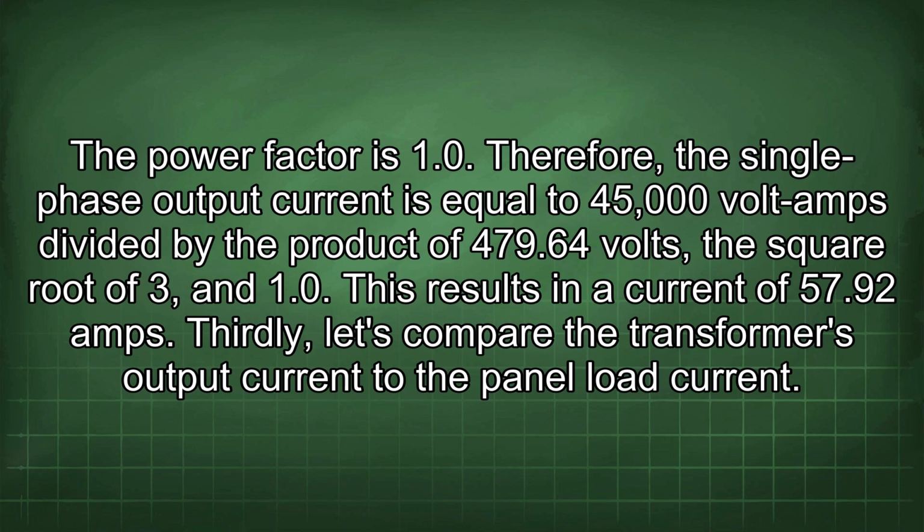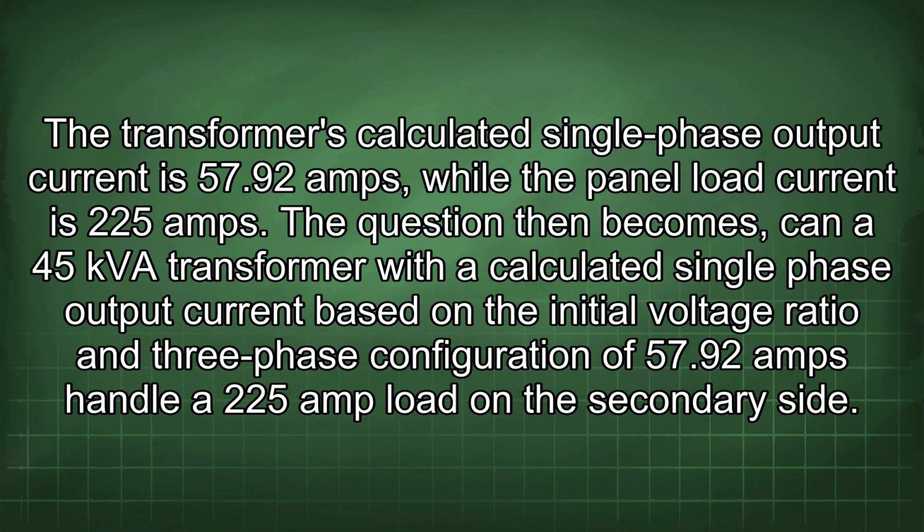Thirdly, let's compare the transformer's output current to the panel load current. The transformer's calculated single-phase output current is 57.92 amps, while the panel load current is 225 amps. The question then becomes, can a 45 kVA transformer with a calculated single-phase output current based on the initial voltage ratio and 3-phase configuration of 57.92 amps handle a 225 amp load on the secondary side?